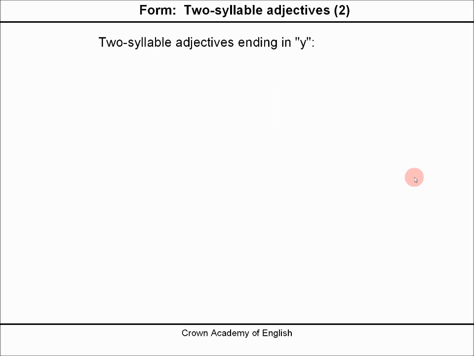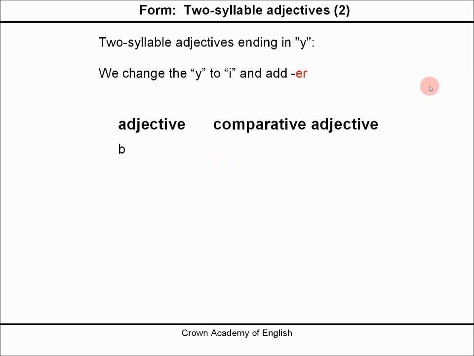Two-syllable adjectives ending in the letter Y. Well, we change the Y to an I and then we add ER. Busy, busier. So we change this letter Y to an I and add ER.